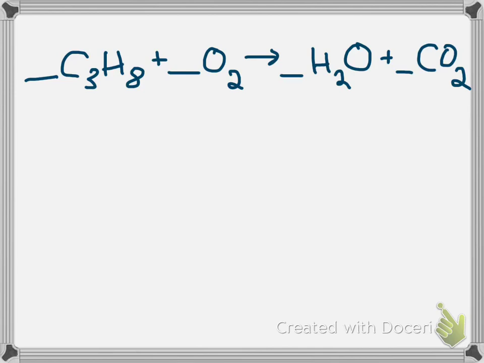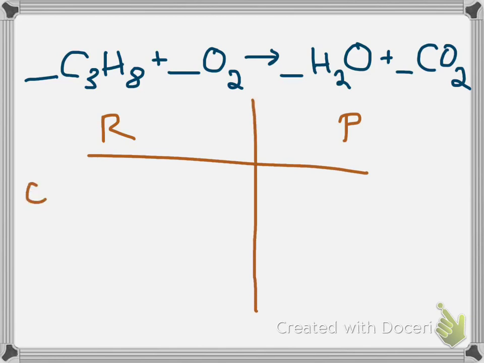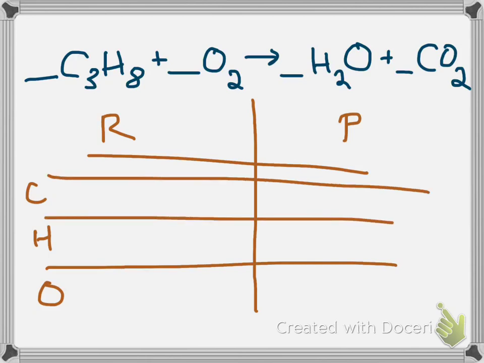I'm going to do one more example. So this time I'm just going to use the chart. So I have my reactants and I have my products. And then I have carbon, hydrogen, and oxygen. And I want you to notice that oxygen is alone in one scenario in this combustion reaction, which means oxygen is going to be the easiest to balance. So I'm going to save that for last.